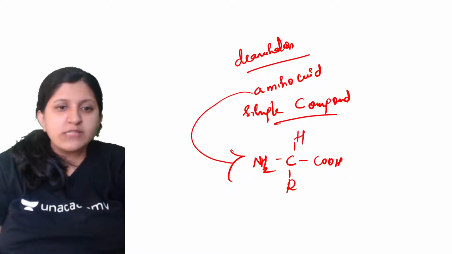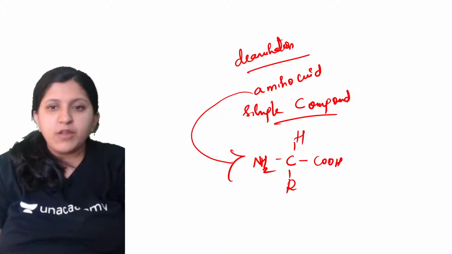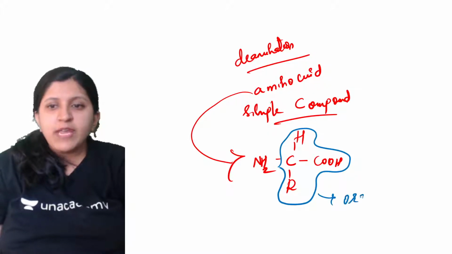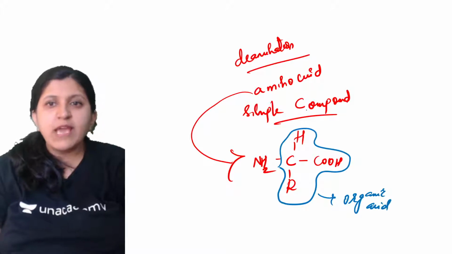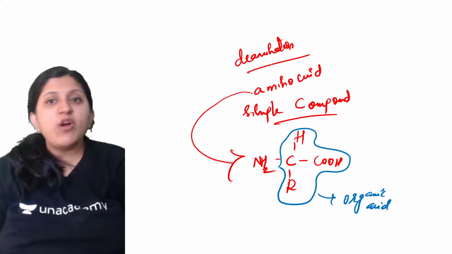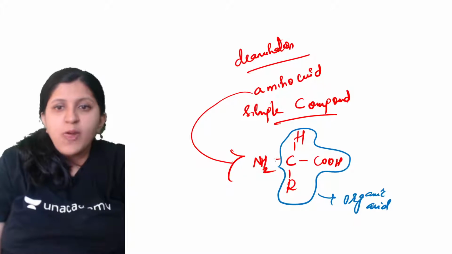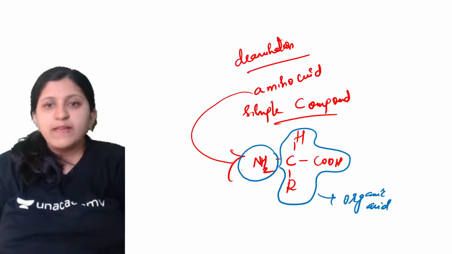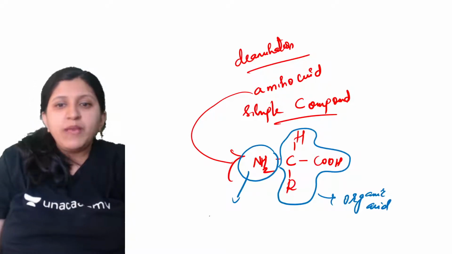As you can see, this particular part is going to form one of the organic acids, and that itself we call deamination. That means only this part, which is an amine group, will be removed.